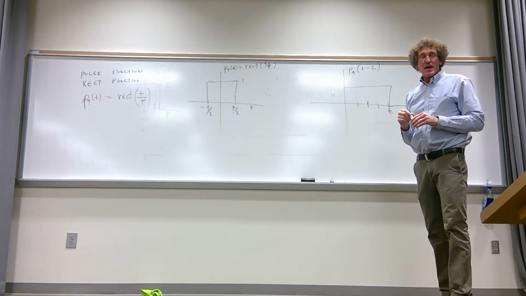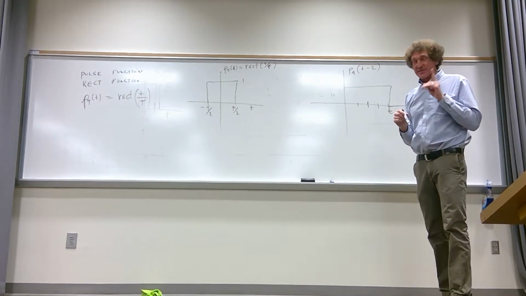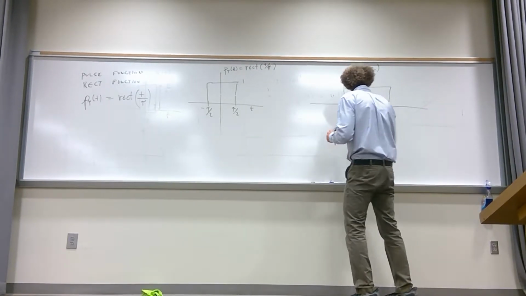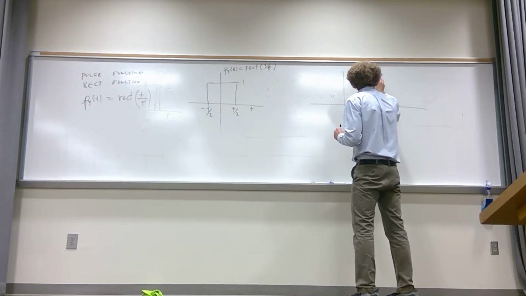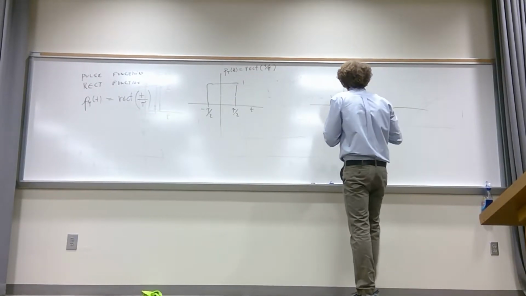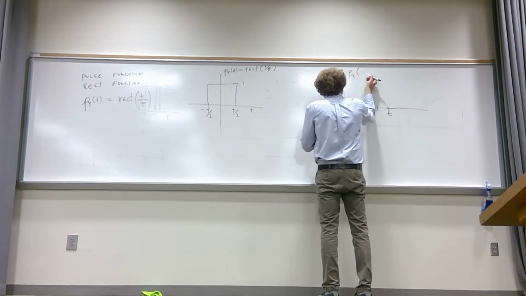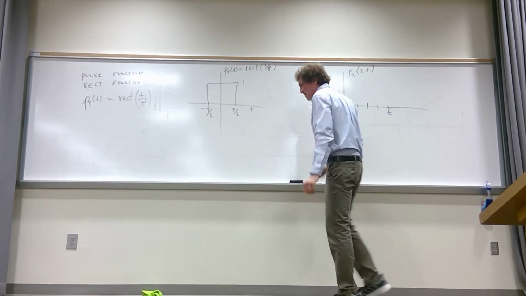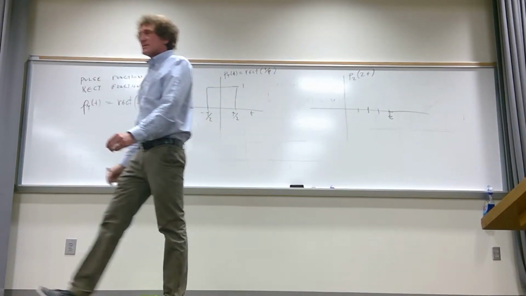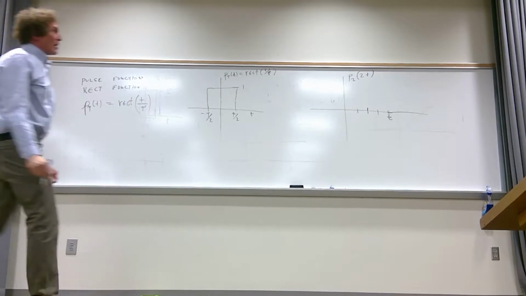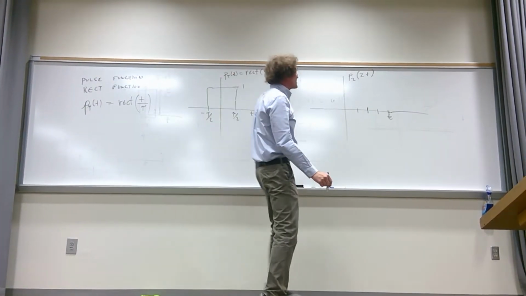Understand, class? Out of curiosity, this is a little tougher. I didn't cover this yet. What would this function look like? I want you to think about this. Let me put a 2 down here and put 2t, not t. Think about it. What does that look like? Well, first of all, where is it centered?